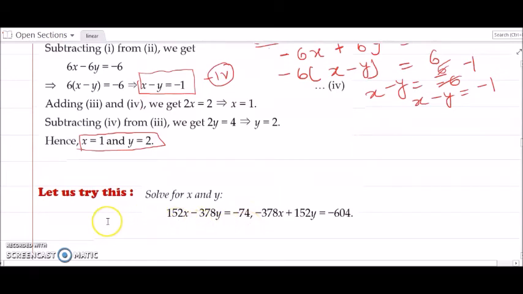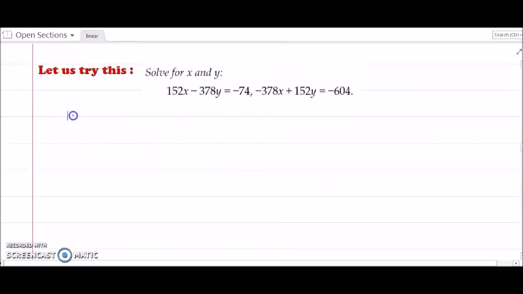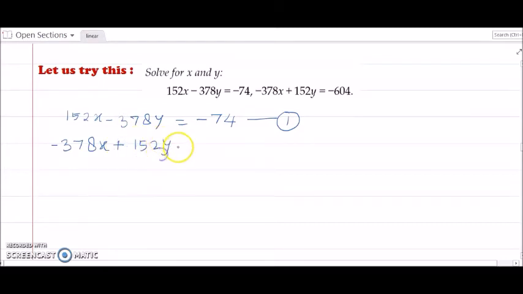Okay, this is your question from NCERT book, optional exercise 3.7. 152x minus 378y is equal to minus 74, the first equation, and the second equation is minus 378x plus 152y is equal to minus 604.